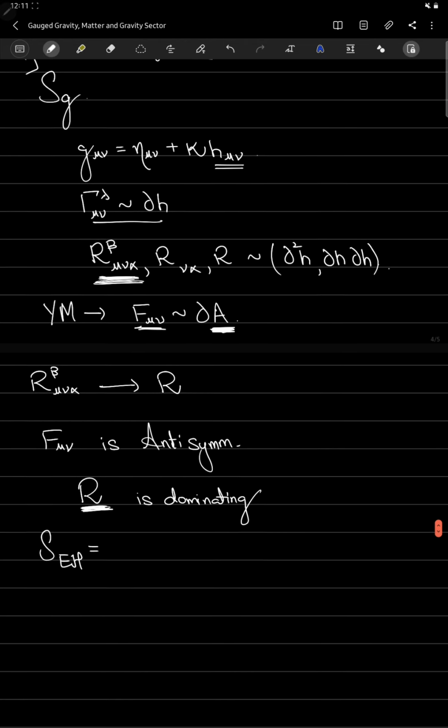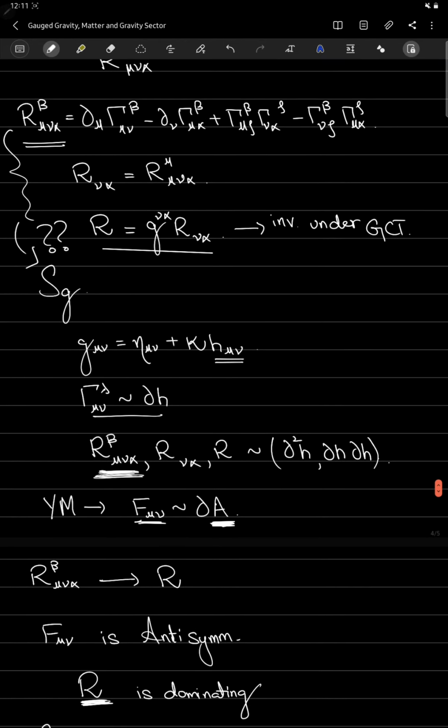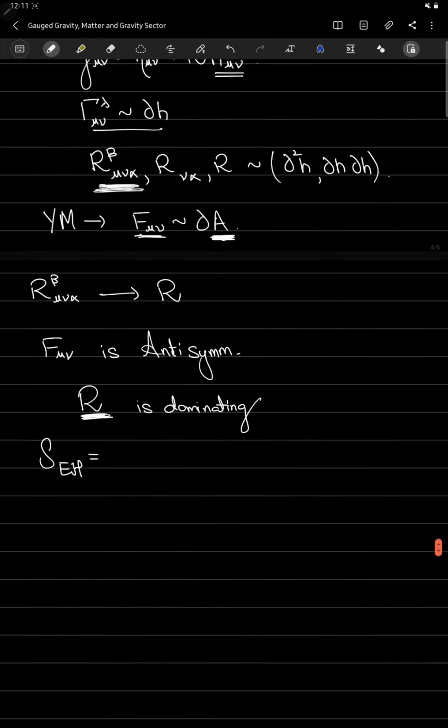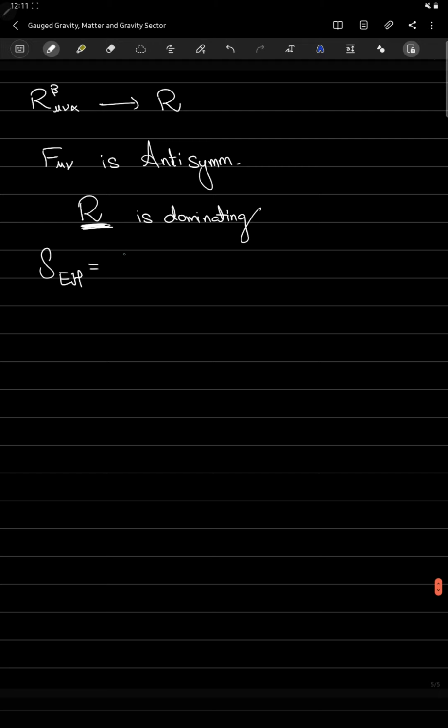And therefore that answers our question of which of these R's I should use in this action for gravity. So we can write down an invariant action as the integral of d4x square root of minus g times minus 2 over kappa squared times R, where R is the scalar curvature, and kappa is a constant in which we dissolve all these units and constants.